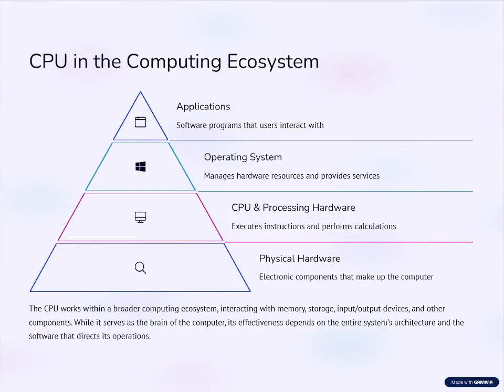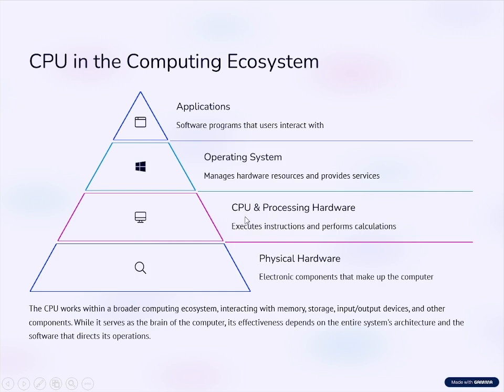Now, CPU in the computing ecosystem. How do we locate the CPU in the computing ecosystem? At the bottom, the physical layer, the hardware level, we have the electronic components that make up the computer. Then on top of these electronic components, we have what we call the CPU or the processing hardware.